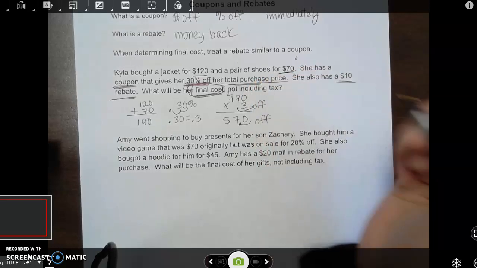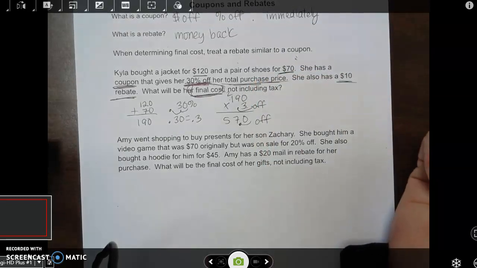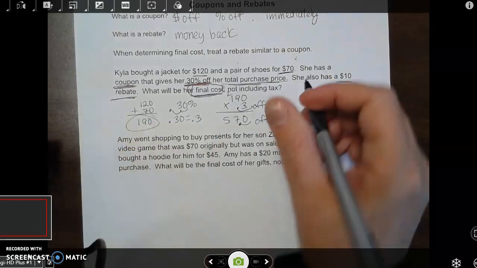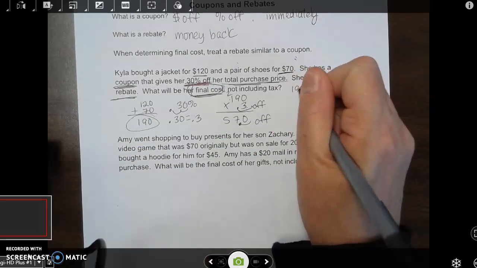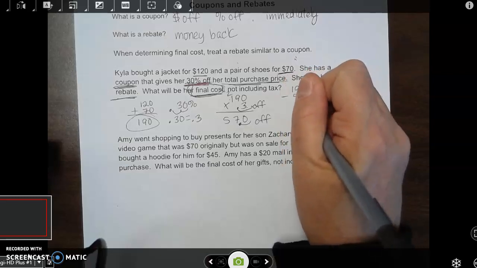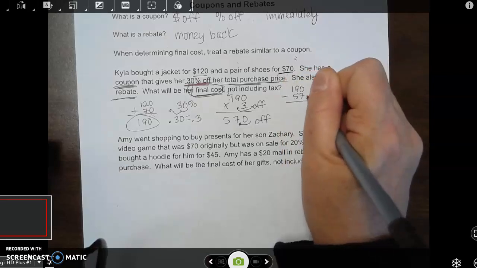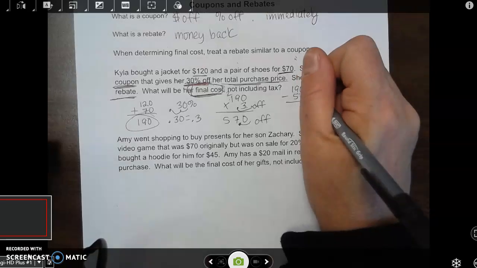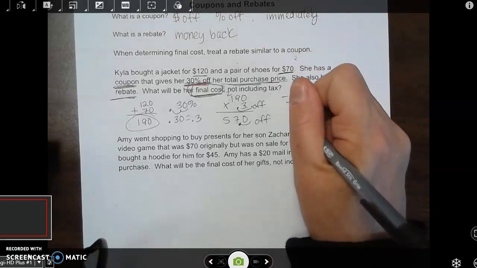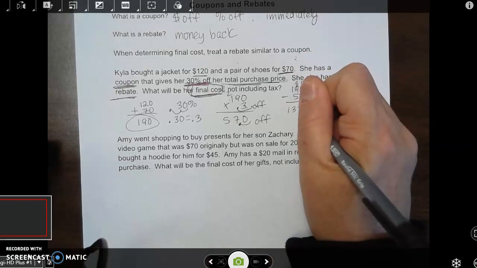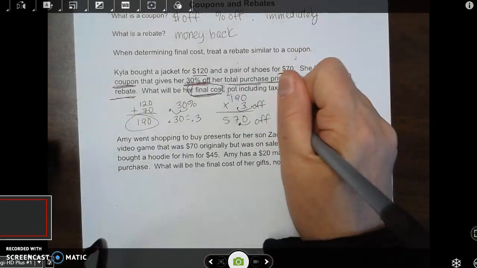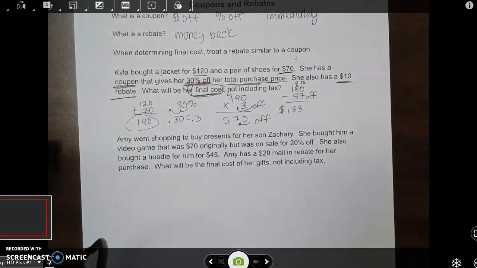What do we do with the off? Well, we subtract it off. So from what? From 190. I was supposed to pay $190, but it's $57 off, which means what do I pay? And it looks like I get $133, correct? So $133.